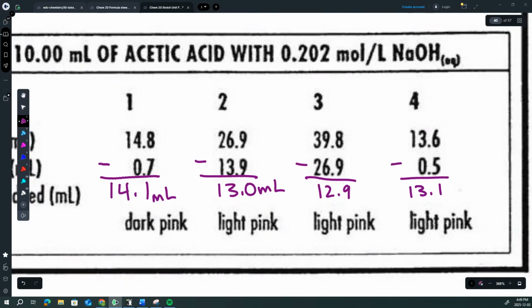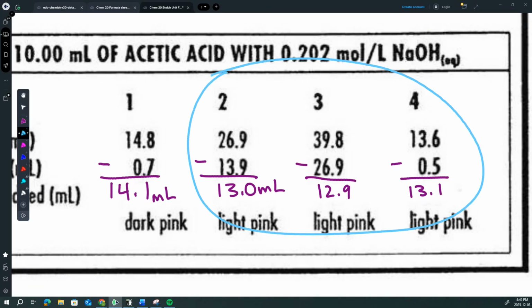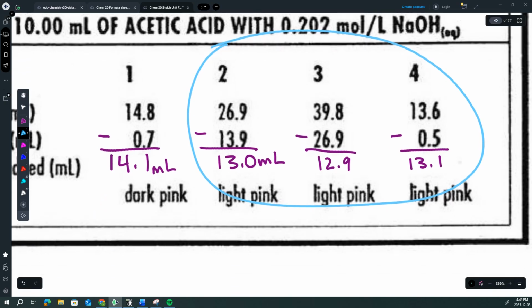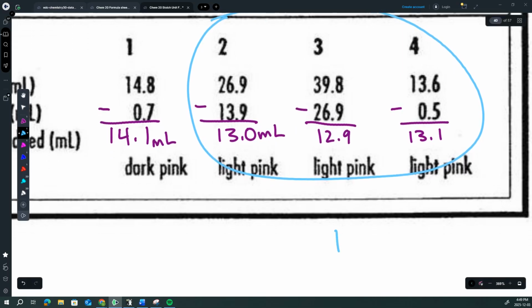Okay, so as you can see, these trials here are all pretty similar, and this one is our outlier. So if we looked at trials 2, 3, and 4, we could say 13's in the middle, and 12.9 and 13.1 are within 0.2 milliliters of 13.